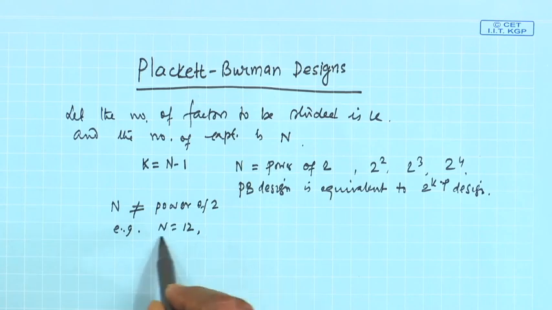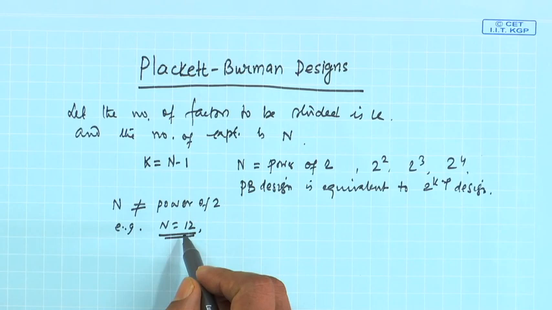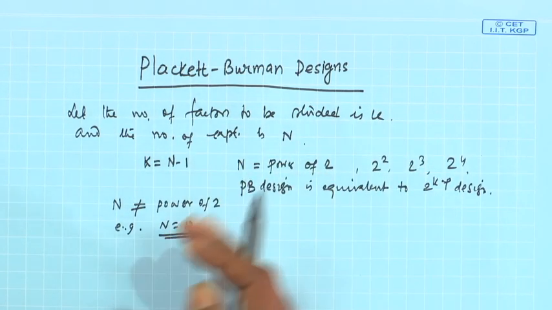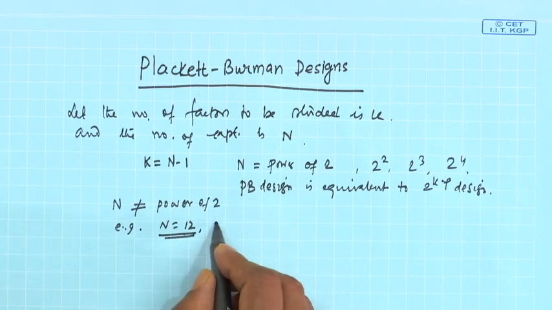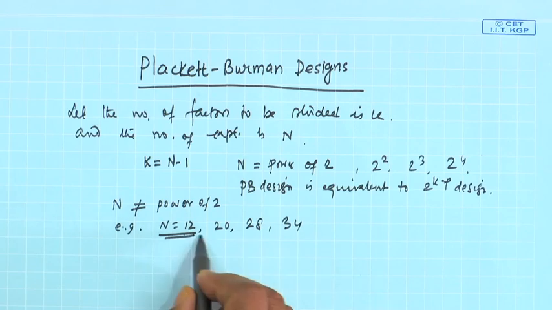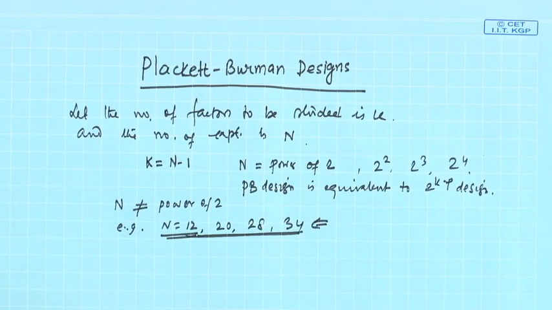So, when n is not a power of 2, this is a special design and Plackett-Burman design is applied for such situations. So, n equal to 12, 20, 28, 36. These are the most popular ones for Plackett-Burman design.